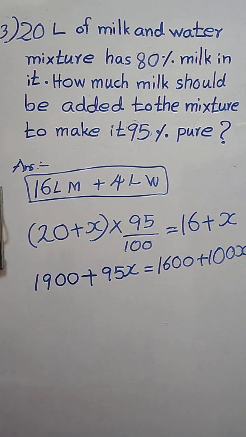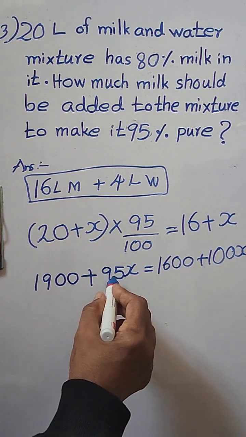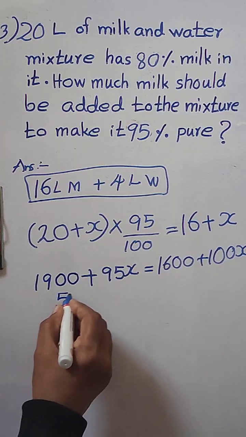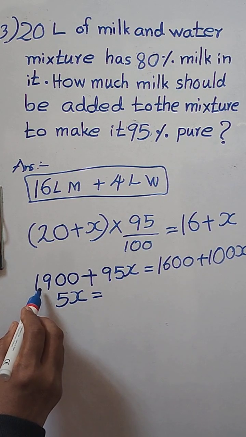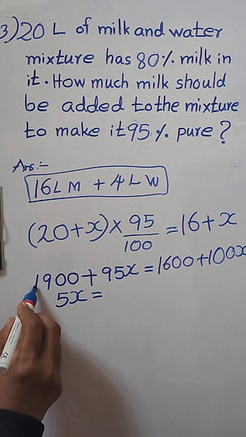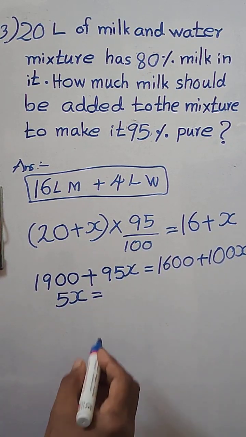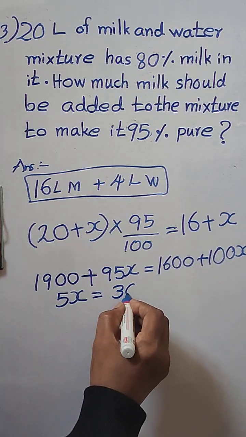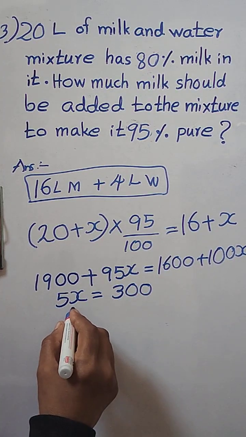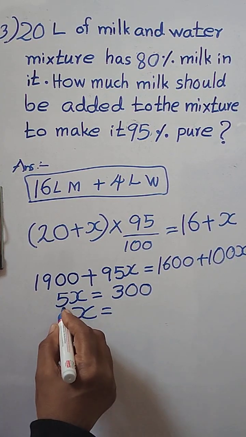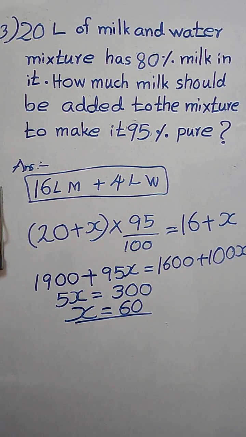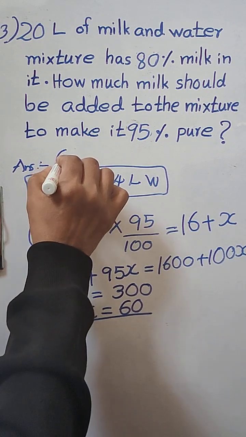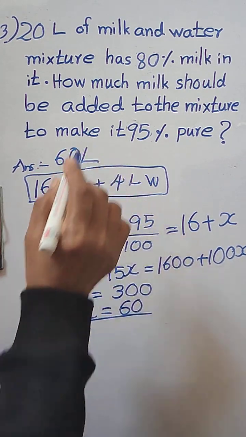Now deriving this equation, we get 100 minus 95 is 5x is equal to 1900 minus 1600 is 300. Then x is equal to 300 by 5, which is 60. This is the answer. It is 60 liter.